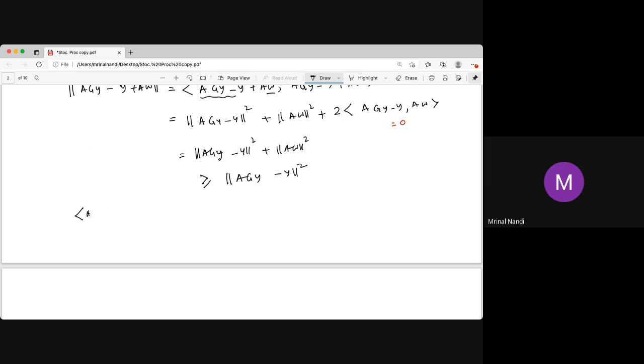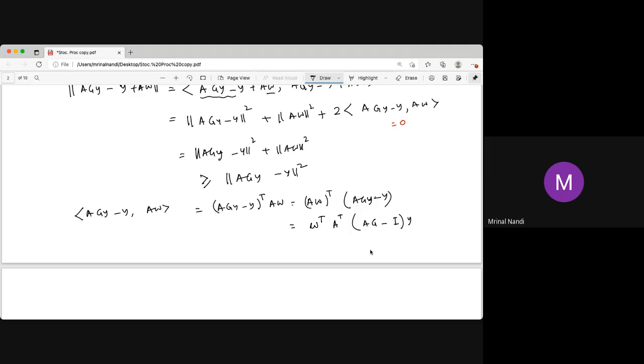So what is the product term? This product term is AG minus y transpose AW. That is actually equal to its whole transpose because it is a real number. Since it is a real number, if we take the transpose, it will be the same. So it is actually AW transpose times AG minus y. Now this is W transpose A transpose times AG minus identity y.